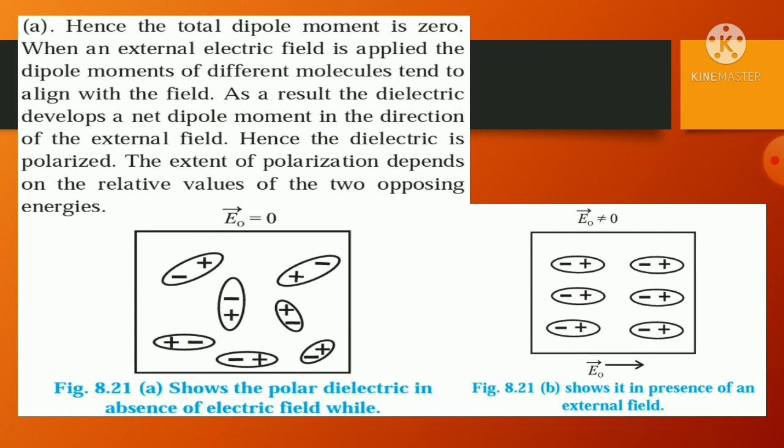Hence, the total dipole moment is zero, because when the external electric field is absent, all the electric dipole moments are randomly oriented in all possible directions.